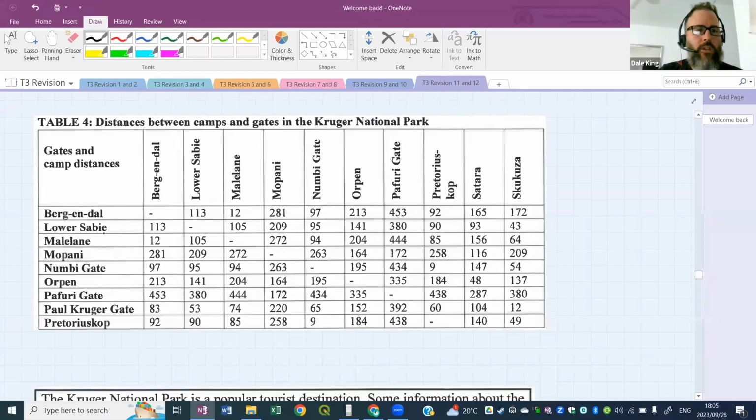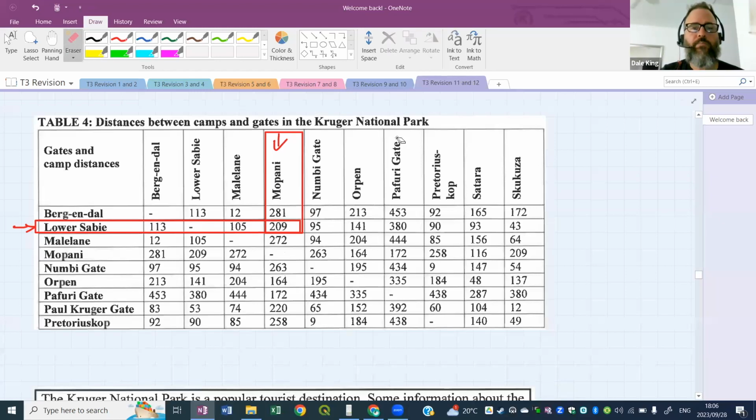So how this works is, for example, if you want to go from the Lower Sabi Gate to the Mopani Gate, you go across on the Lower Sabi row, and then you go down in the Mopani column, and where they meet is 209. So it's 209 kilometers from the Lower Sabi Gate to the Mopani Gate. That's how this table works.